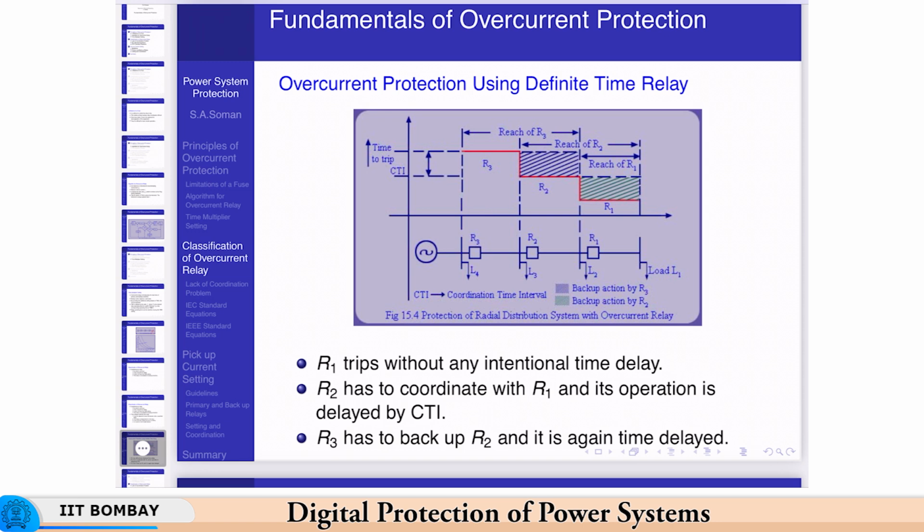So, here R1 will be set to operate without any intentional time delay. Then R2 will be set to operate at a similar level, but with a time delay of 1 CTI, as we saw earlier, the relay has to be delayed by 1 CTI, the coordination time interval. Now, R3 has to back up R2 as well, so it will be delayed by 1 more CTI.